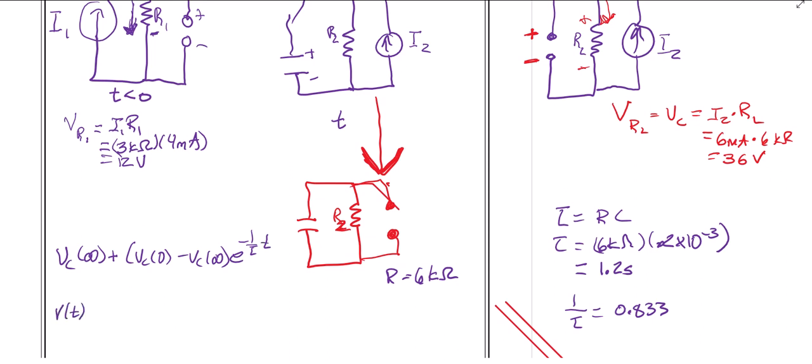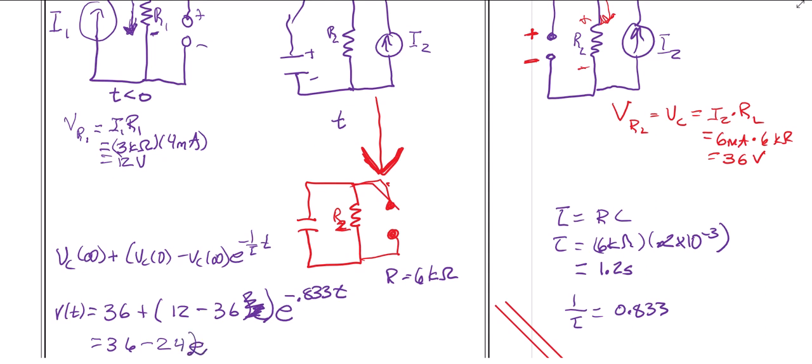So V of t equals 36 plus 12 minus 36 e to the minus 0.833 t, or 36 minus 24 e to the minus 0.833 t.